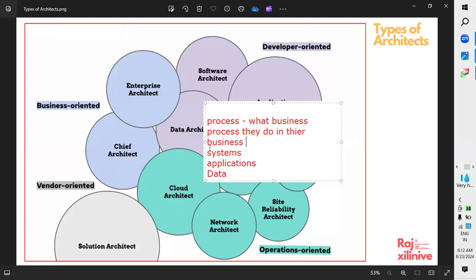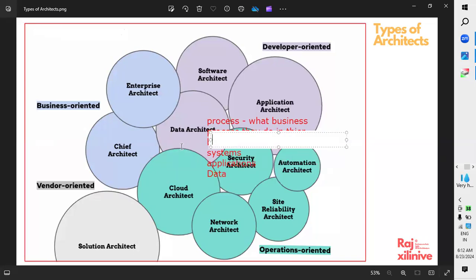Do remember, before you try to develop the solutions, this is what we should understand: what exactly the process is that a team or organization is following. This is what we generally call process. We want to know about their business, what exactly their business is, and who the people involved in it are.